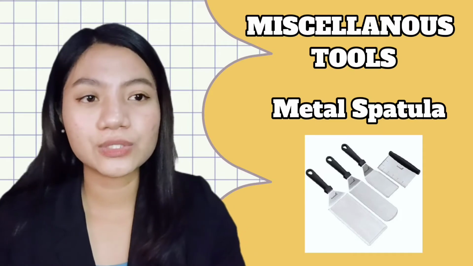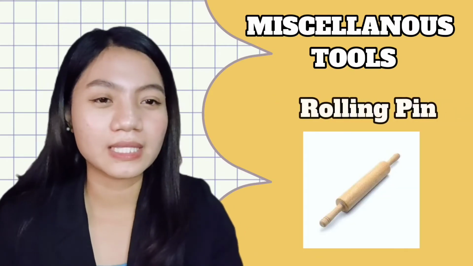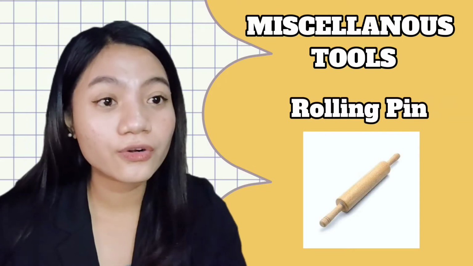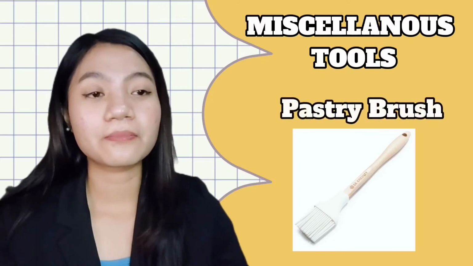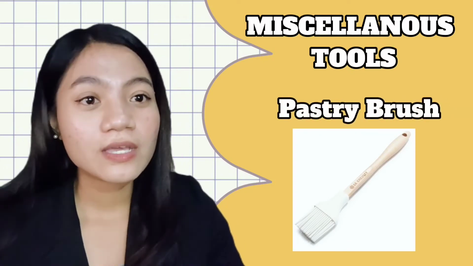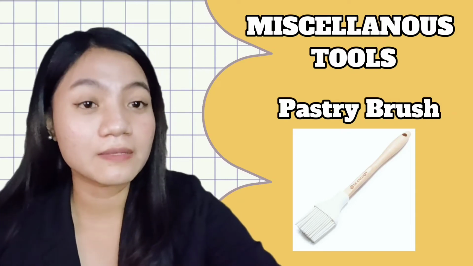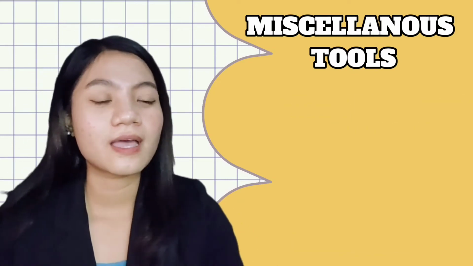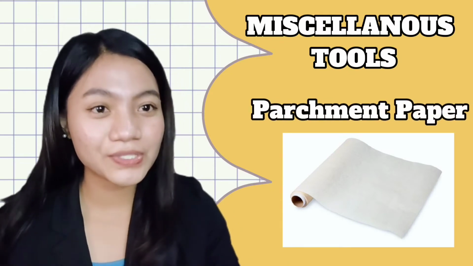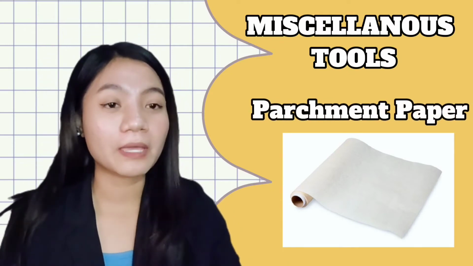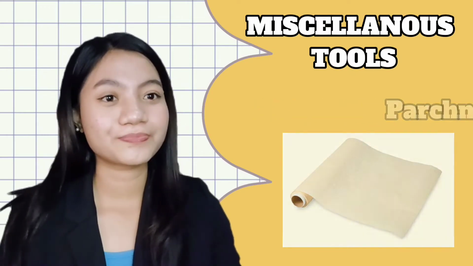The flexible blade is used for various purposes. Next, the rolling pin is used to flatten or roll the dough. Third, the pastry brush is used in greasing pans or the surface of pastries and breads. How about parchment paper? It is moisture-resistant paper, especially treated for oven use.